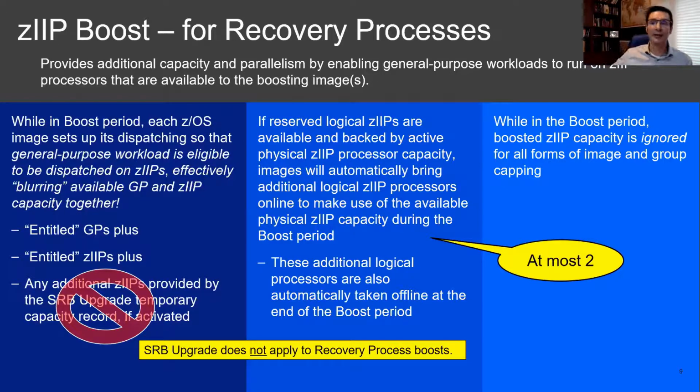I can temporarily bring those engines on in this SRB upgrade, the System Recovery Boost upgrade paid option. And I can avail myself of a lot more parallelism to dispatch general purpose processor work. For Sysplex recovery process boosts, the upgrade is not eligible. So we cannot use upgraded engines to facilitate this. Okay, so again, SRB upgrade does not apply to recovery process boosts.